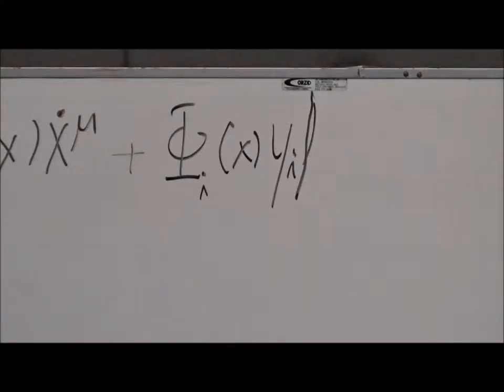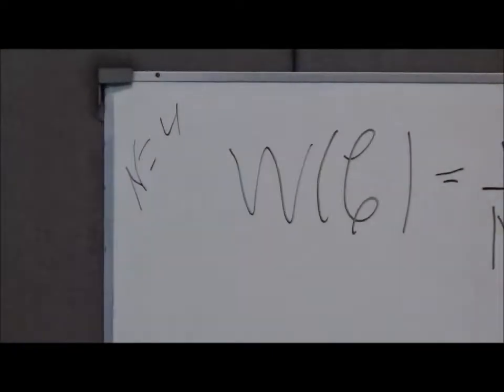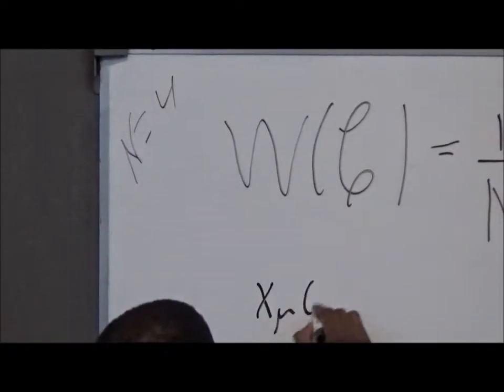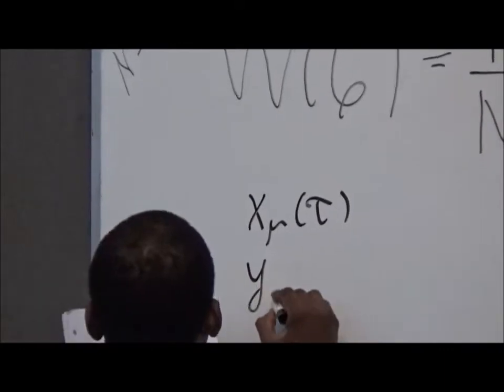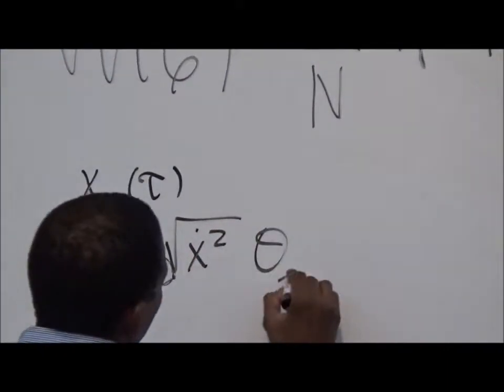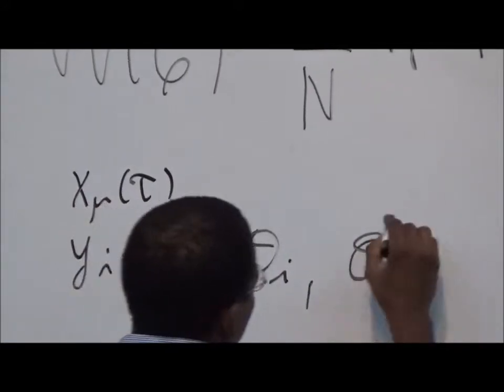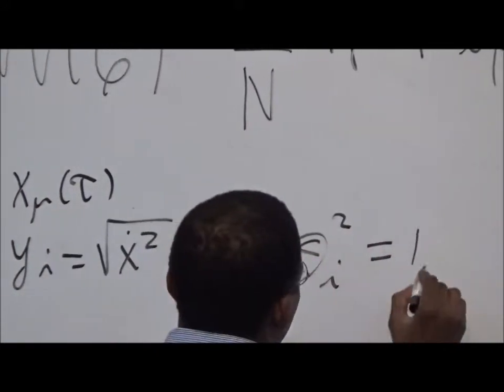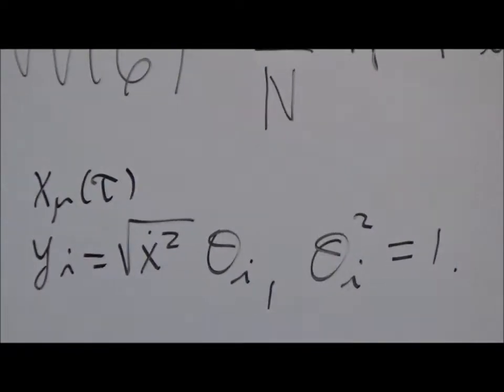And this object is supersymmetric if I take the right contour and the right combination of fields. Again, x mu is the path, while y is going to be the square root of the speed, and then there's some unit vector. Because I have 6 scalars, this is essentially picking a direction in the space of scalars.